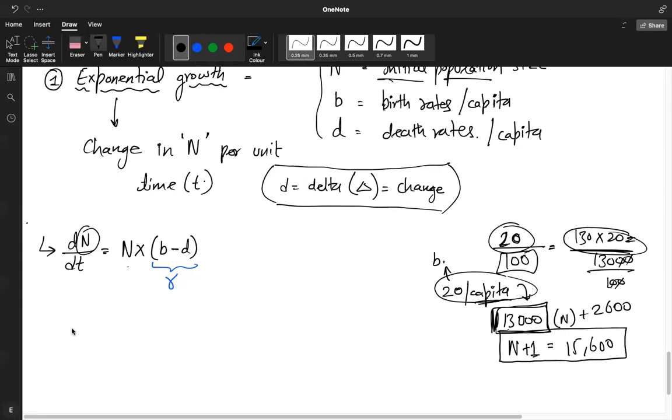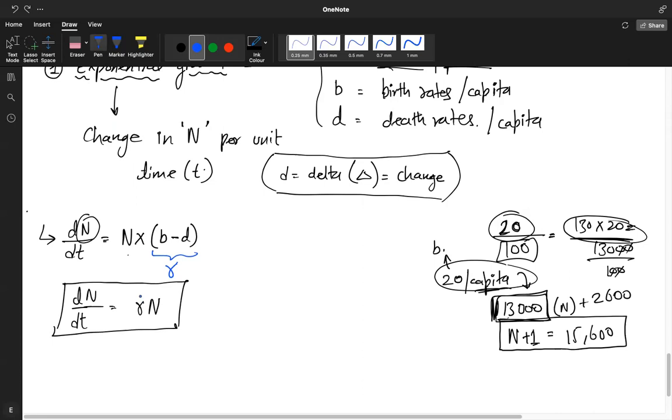And now dn by dt of n will become Rn. Make sense? Is that clear? Yes, sir. So can you now see what this R is actually deciding?